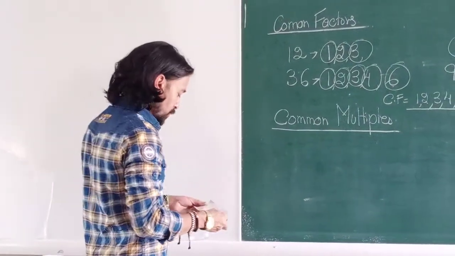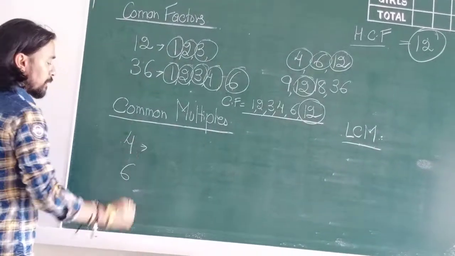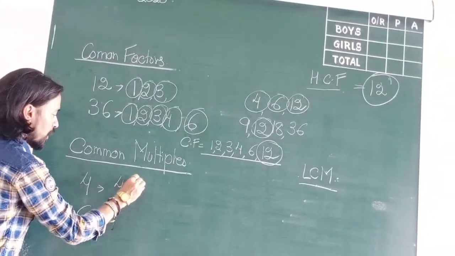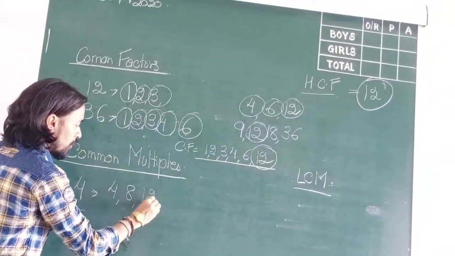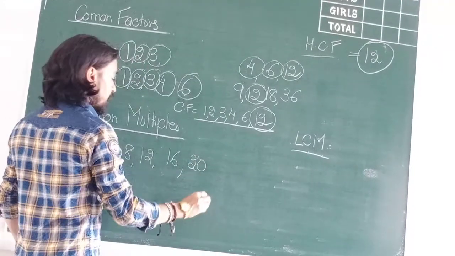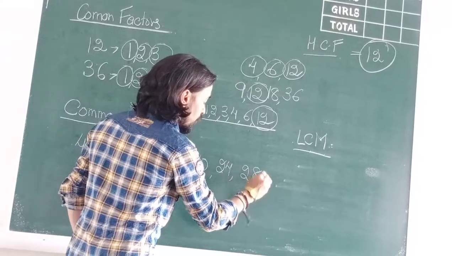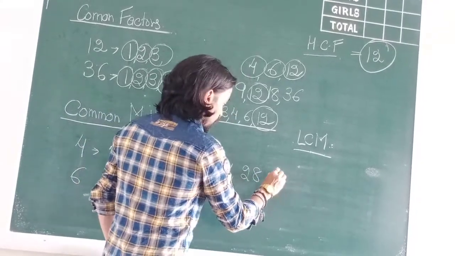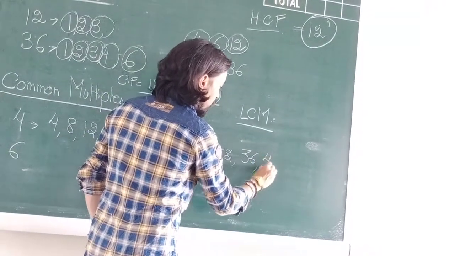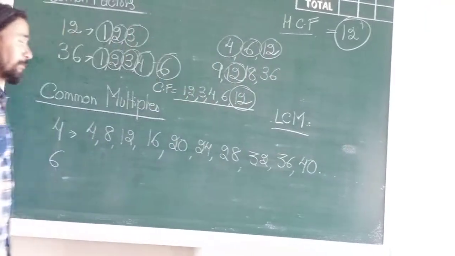Let's take two numbers. Let's take number 4 and number 6. Now I'll start to take my 4 times tables. 4 1s are 4, 4 2s are 8, 4 3s are 12, 4 4s are 16, 4 5s are 20, 4 6s are 24, 4 7s are 28, 4 8s are 32, 4 9s are 36, 4 10s are 40, and it goes on, never ending.